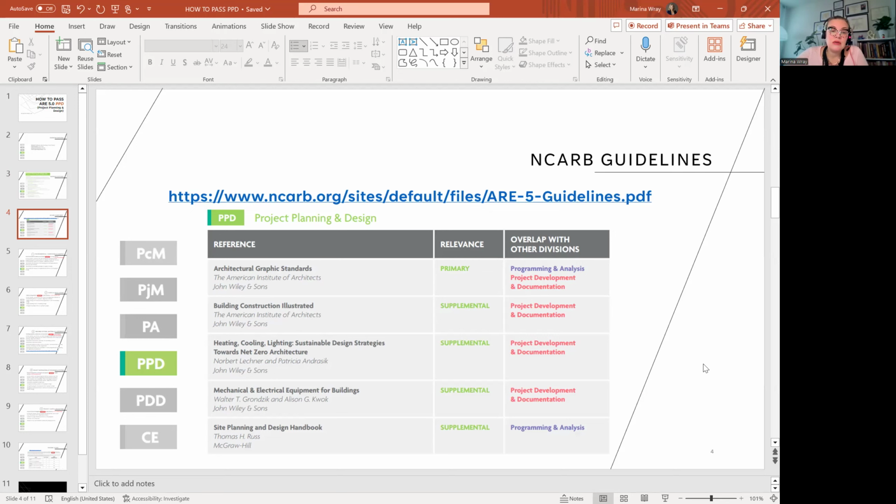The next recommended textbook is Site Planning and Design Handbook. This is a good general knowledge about climate, sustainability, and in general, site planning. So I actually have a playlist of the videos where I review the chapters of this book.